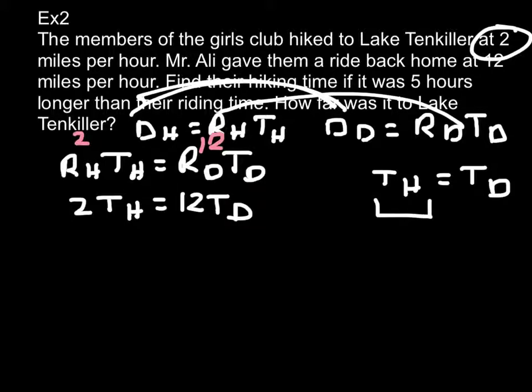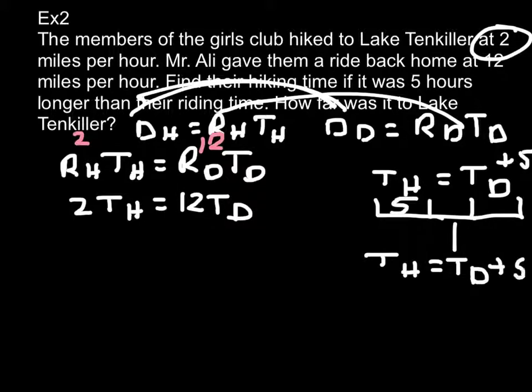It says that their hiking time was 5 hours longer, or more. So this side is 5 heavier. So how do you balance this out? Well, we've got to add 5 over here. So my equation then would be TH equals TD plus 5.